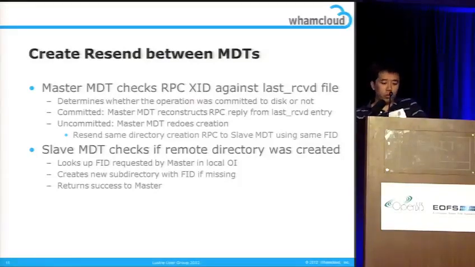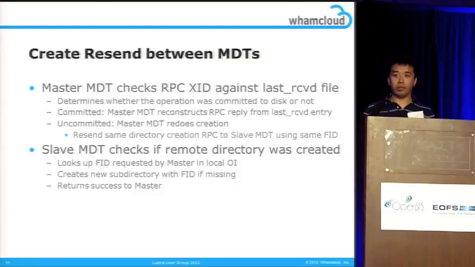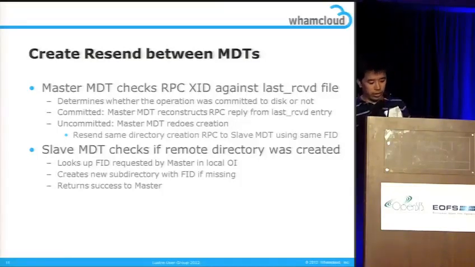If not, it will redo the operation, and if it did, it just sends a reply to the client. Actually, it's basically the same as the current single-MDT resend handling. And if the slave MDT fails, the master MDT will resend the create request, and the slave MDT will check whether the object referred to by the FID exists or not. If not, it will recreate it.